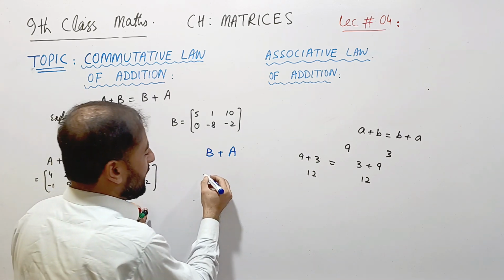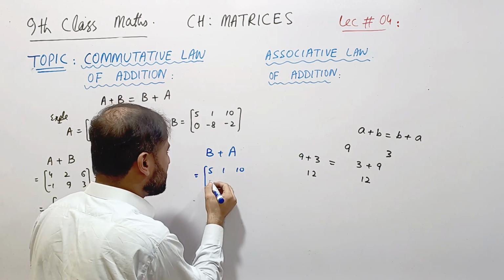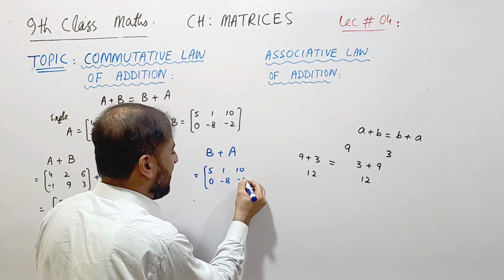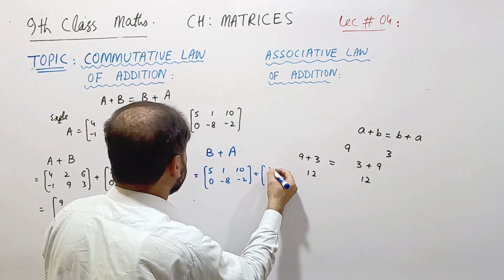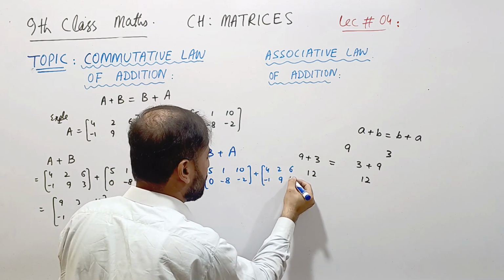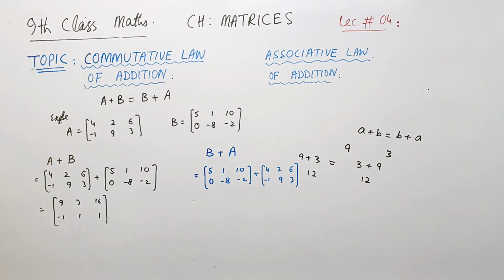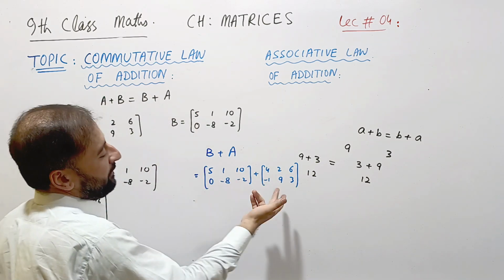Now the second guy, B plus A, taking B first and matrix A second, will make no difference in your answer. Minus 1, 9, 3. Here we had 4 plus 5, and here we have 5 plus 4.